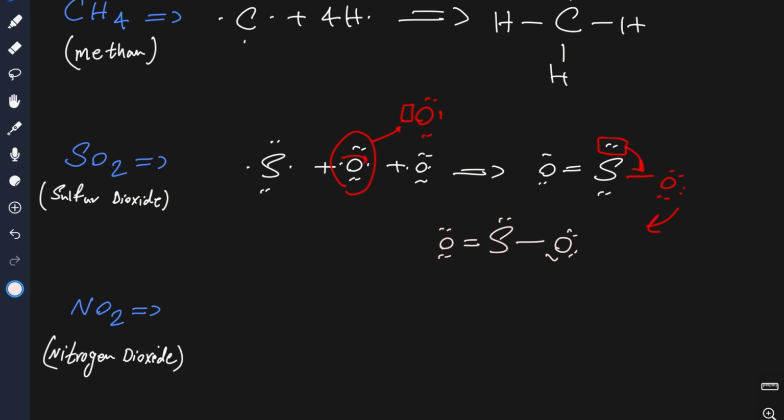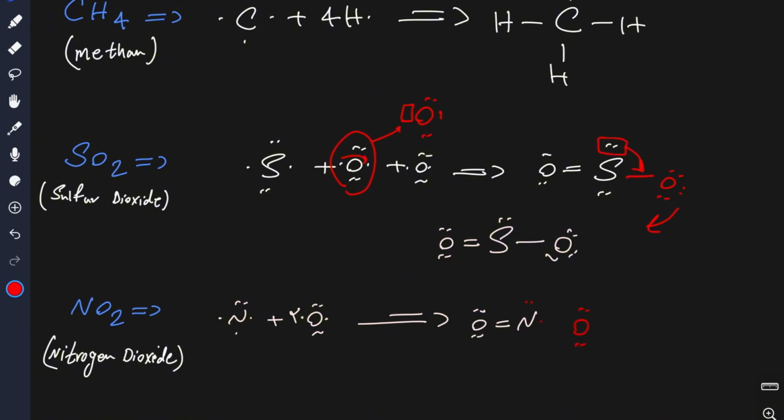Nitrogen dioxide. The central atom is nitrogen, plus 2 oxygen. It's an exceptional compound. Please focus on it. So nitrogen makes one double bond with one oxygen, so it's normal. So it remains one lone pair and one lone electron.